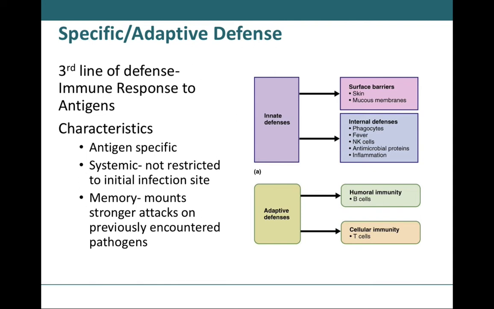Our adaptive immune system also tends to act more systemically. The cells and factors that are produced with the adaptive immune system tend to travel throughout the blood and are not restricted to the localized infection site. We will find two branches of our body's adaptive immune system, the humoral immune system and the cell-mediated immune system. The cell-mediated immune system includes our T cells, also known as T lymphocytes.